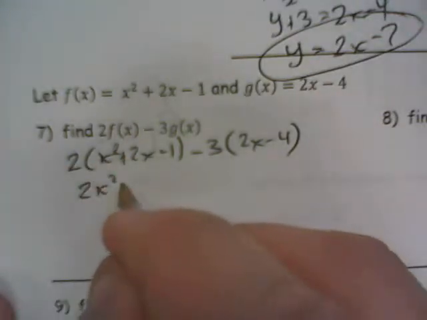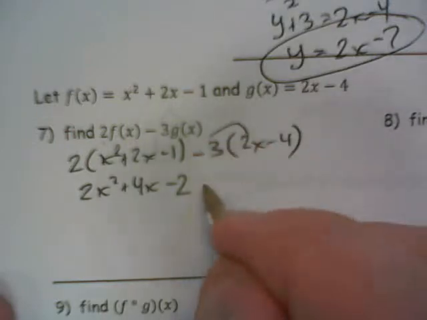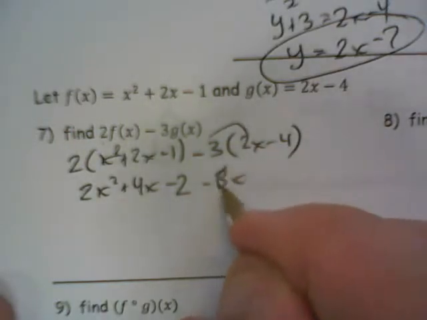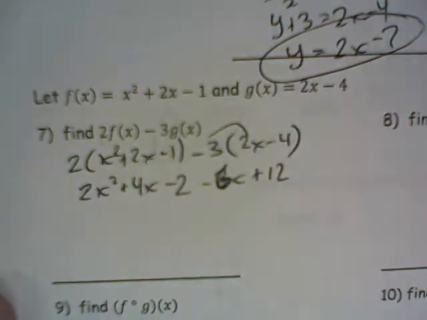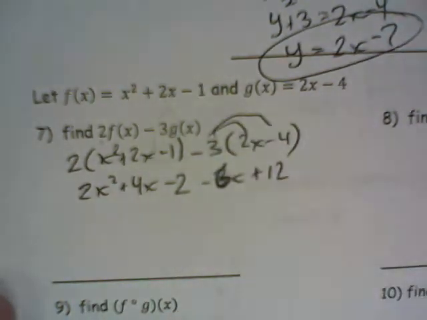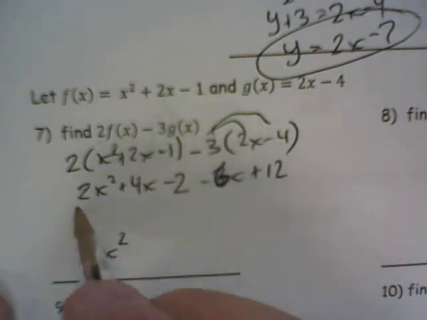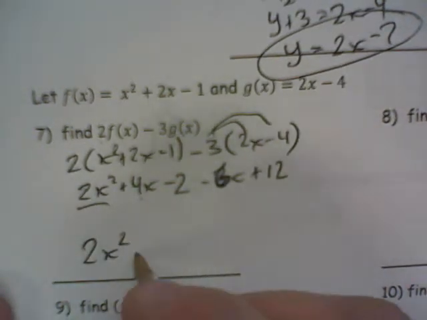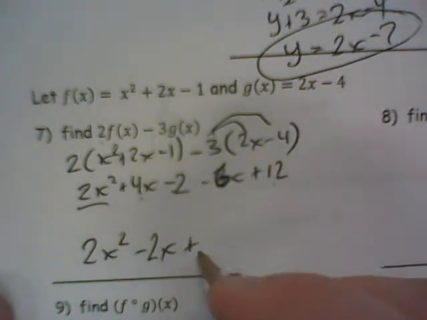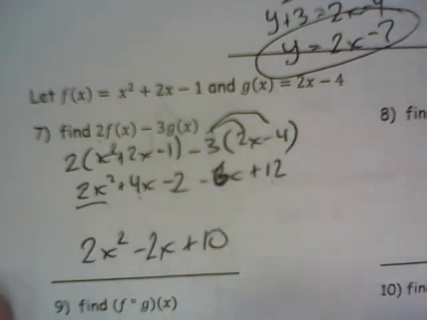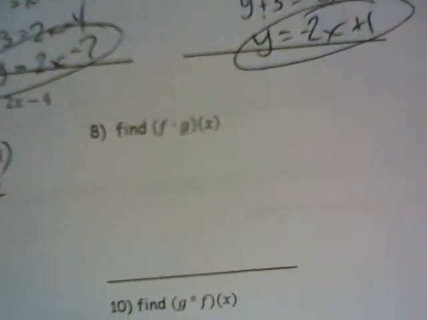This is going to be 2x squared if I distribute, plus 4x minus 2, and then minus 6x, and then plus 12, because negative 3 times negative 4 is positive 12. So if I combine like terms, I'll have a 2x squared, I'll have a 4x minus 6x, which is negative 2x, and a negative 2 plus 12 is positive 10. And that's what you should have for number 7.